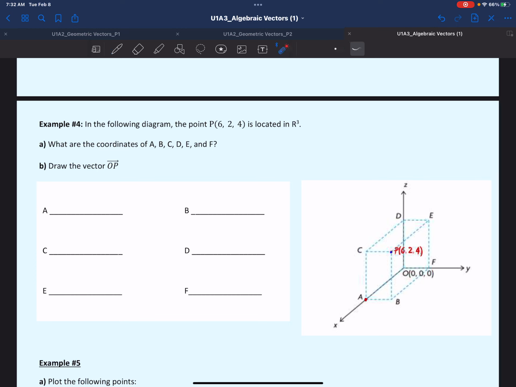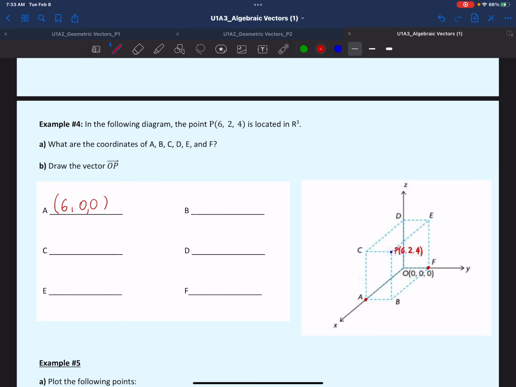And I'm thinking A is located where? On the x-axis. So that means the x coordinate will be 6. The other two coordinates will be 0 because I am on the x-axis. X is the only coordinate different than 0. Let's take a look at the other intercept. So point F is on the y-axis.